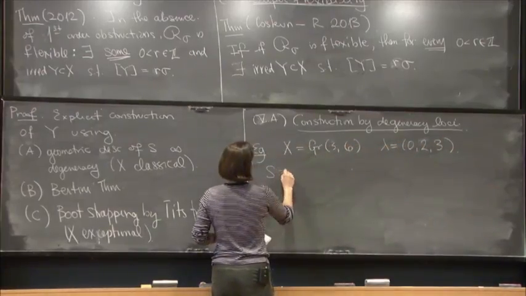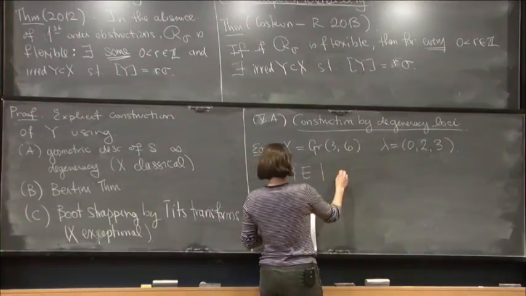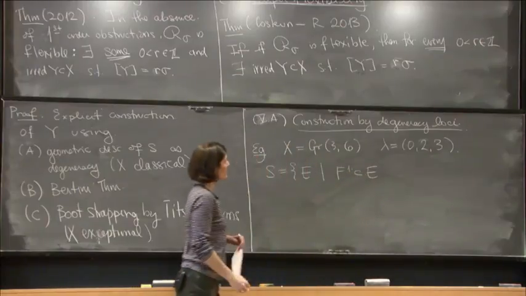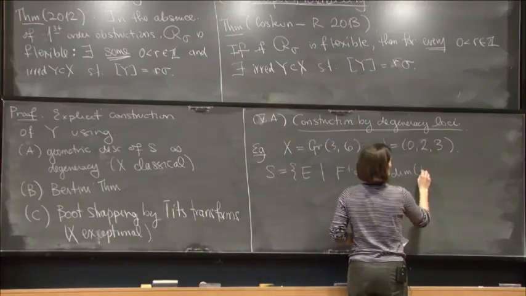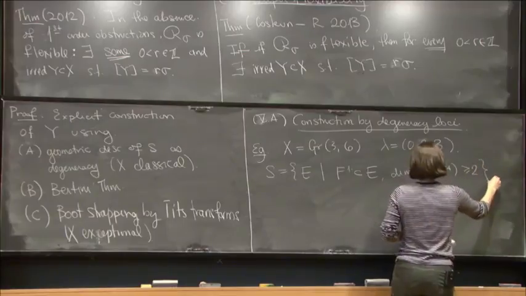So in this case, S is the set of 3-dimensional subspaces with the property that it contains our fixed 1-dimensional linear subspace, and the dimension of its intersection with the 4-dimensional linear subspace is at least 2.